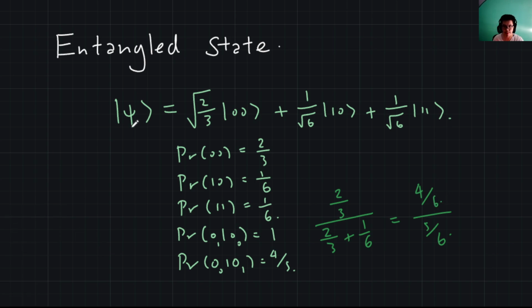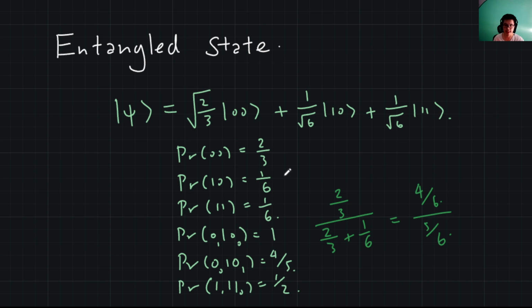Likewise, the probability of observing a 1 on the right qubit given a 0 on the left qubit is actually 0. Likewise, observing a 1 on the first qubit given a 1 on the zeroth qubit is actually a half.